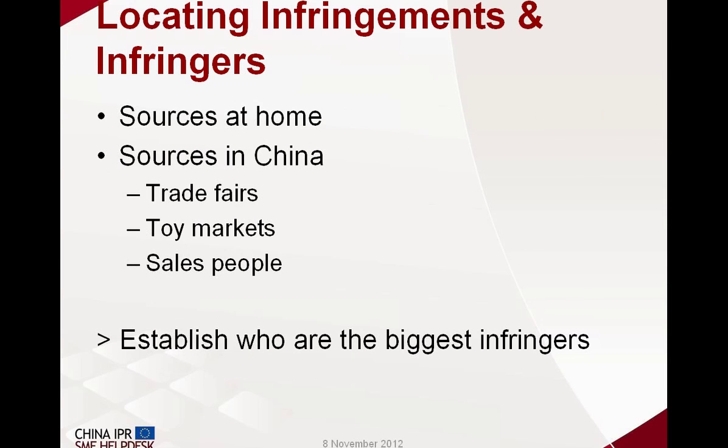I just want to make one point on locating infringers, step 2 in the process. Salespeople are another area. Competitors, customers, they might have information. Another source of information is Alibaba, the websites on which a lot of sales is being done. There is a wealth of information quite easily accessible.